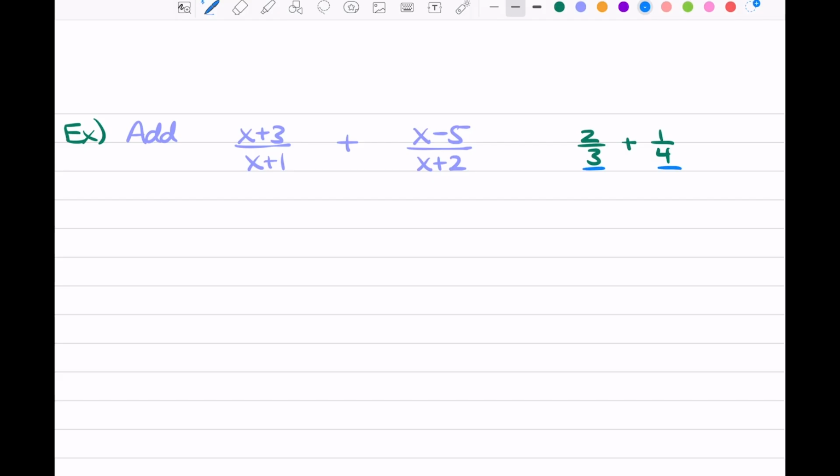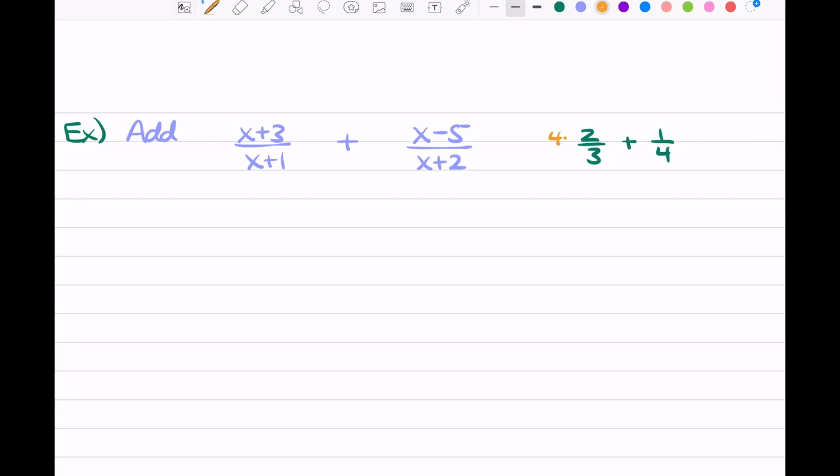We do that by finding the least common multiple of 3 and 4, which in this case would be 12. So our first fraction will multiply by 4 on top and bottom, and our second fraction will multiply by 3 on top and bottom. Doing this, we'll get two fractions with a denominator of 12.